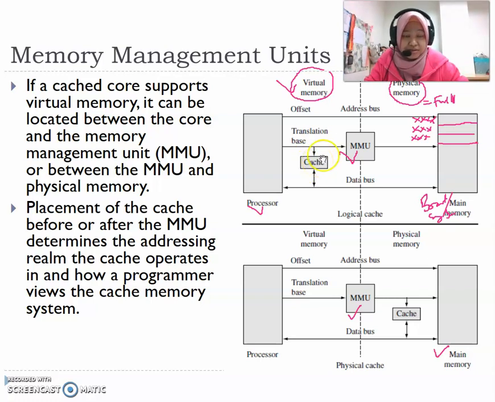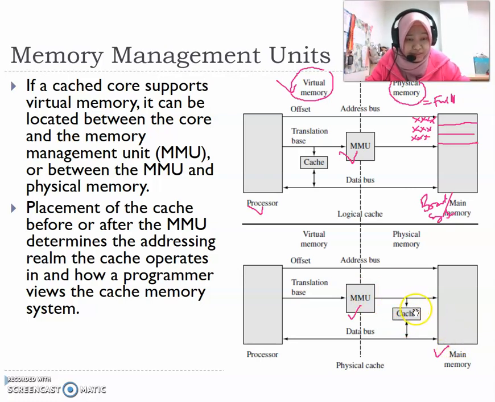It doesn't need the memory management unit to translate the address for it. But if the cache core doesn't support virtual memory addresses, it needs to be placed between the memory management unit and the main memory in the system.